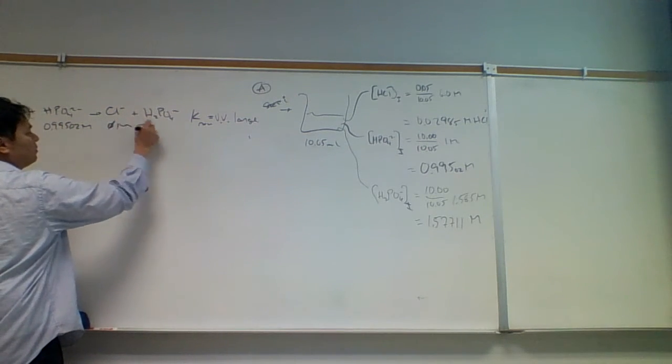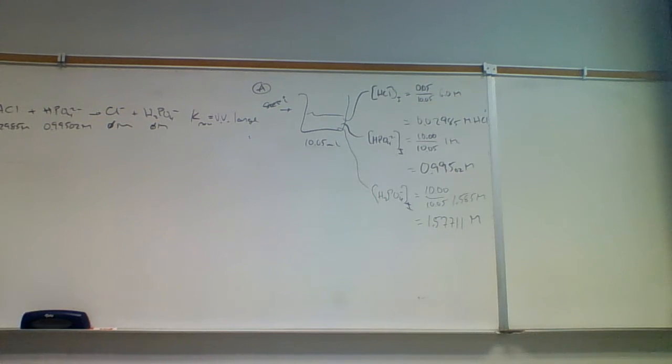And so we have 0 chloride and 0 H2PO4 minus. Now with a K value like that, the reaction is complete, so we look for the limiting reagent. Which of these two is the limiting reagent, HCl or HPO4 2-? HCl. The buffer completely neutralizes all the HCl. We should have no HCl left. That's the buffer's job.